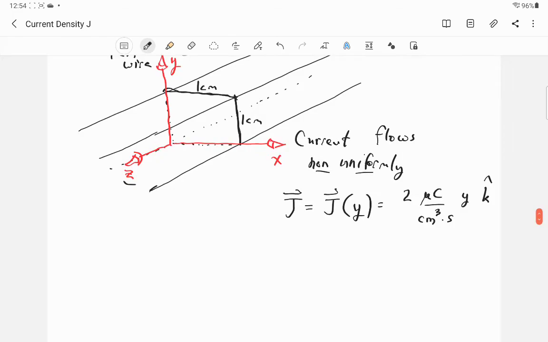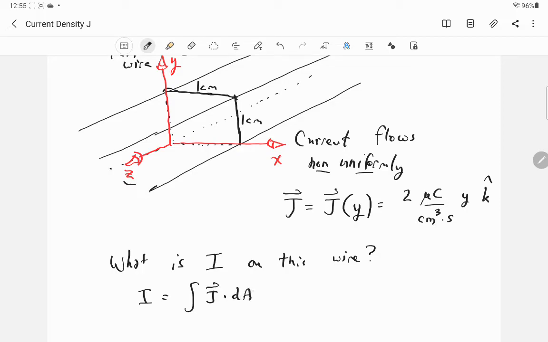Okay, so now here is the example problem. What is I on this wire? So I is the integral of j dot dA, and so the current through the area A is this integral.